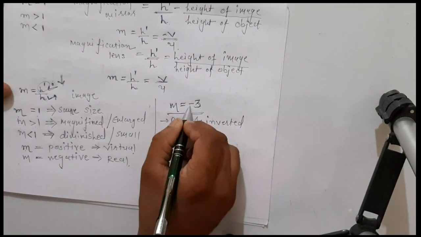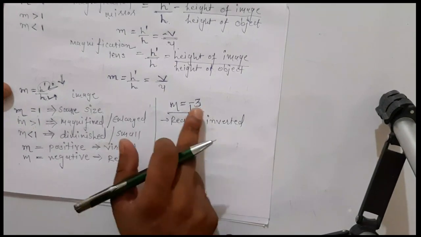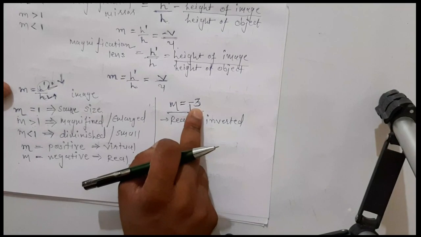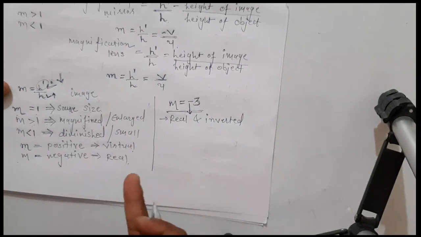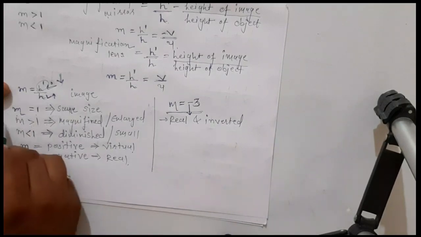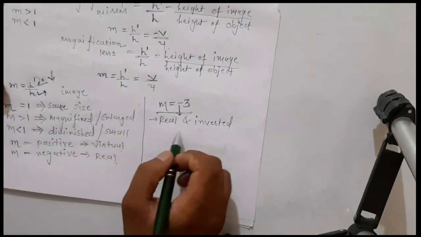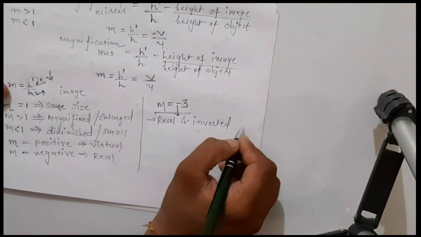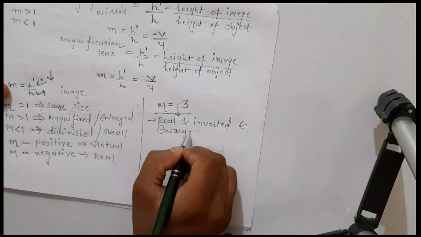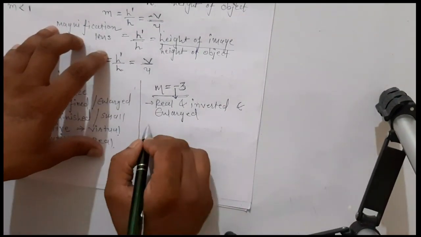Now check the 3: it is greater than 1, so it follows the second condition, and our image will be real, inverted and enlarged or magnified.